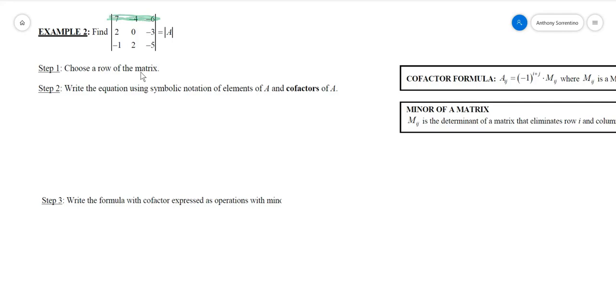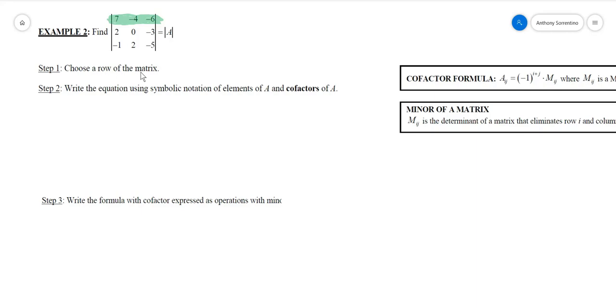Sometimes they'll tell you to expand across a certain row. Make sure that you follow that, because especially in the MyMathLab homework, when they tell you to expand across a certain row, that's going to affect some of the intermediate answers you have to fill in. So I'm choosing row 1 in this case.